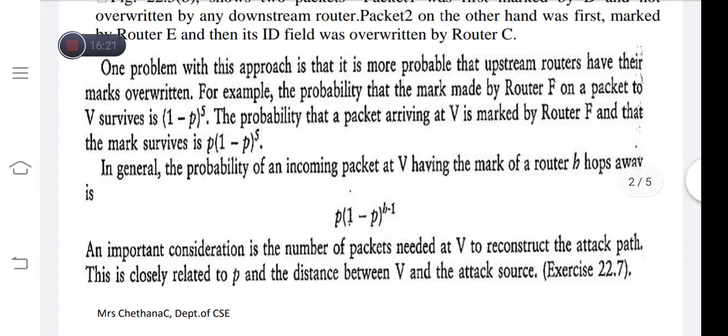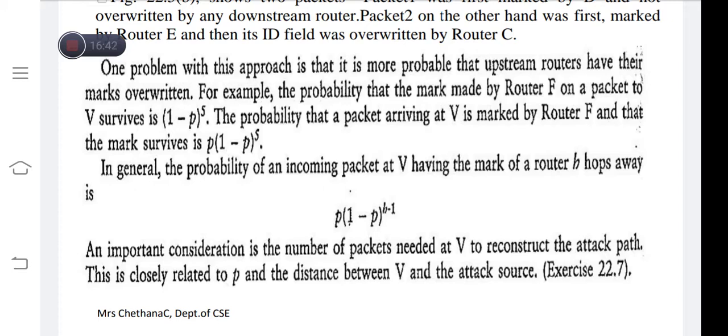So here an important consideration is the number of packets needed at the victim V to reconstruct the attack path. How many packets are needed by the victim to reconstruct the attack path?